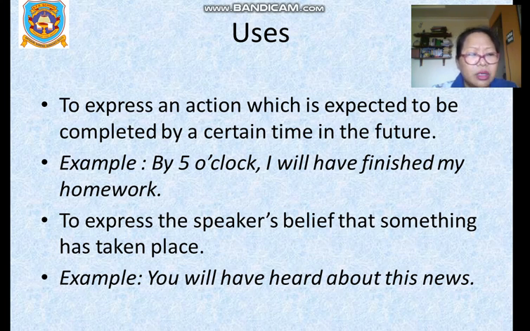Like an example, we will have learned English before we move to England. Okay, so here we are talking about an action that will be completed before another action takes place. Okay, that is one more use of future perfect tense.